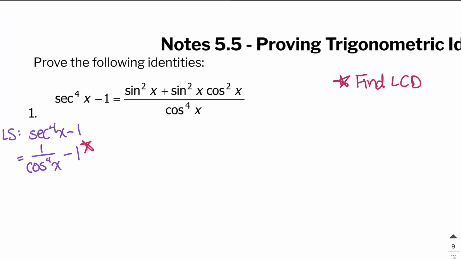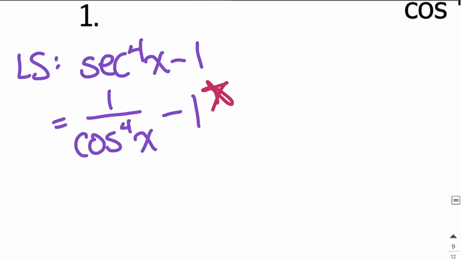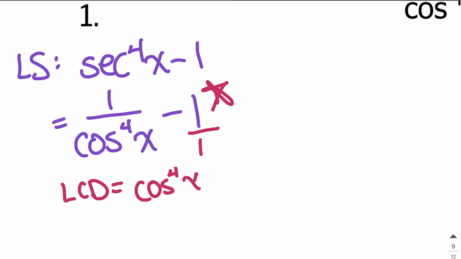If I were to look at this, I would make this over 1, and my least common denominator would be cosine to the power of 4x. My first fraction, I don't have to multiply by anything, but the second fraction, I have to multiply numerator and denominator by cosine to the power of 4.